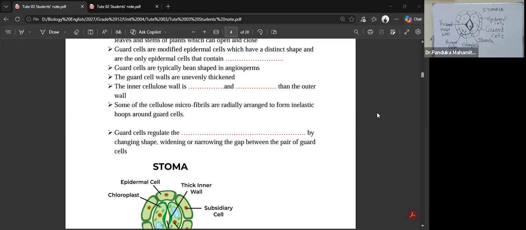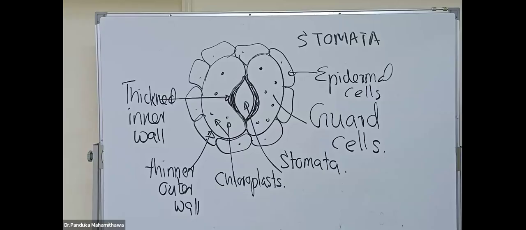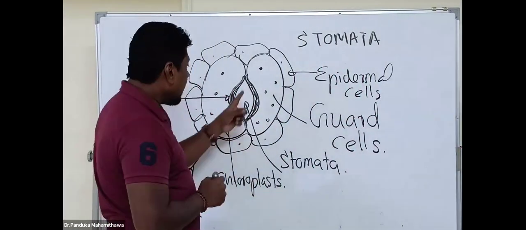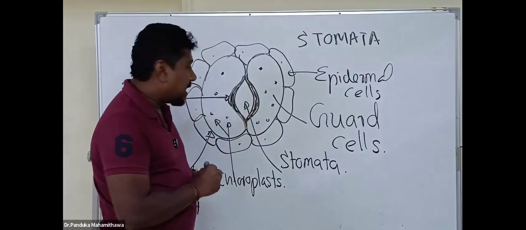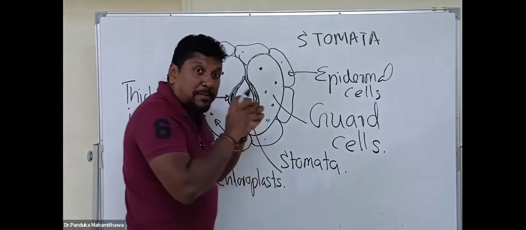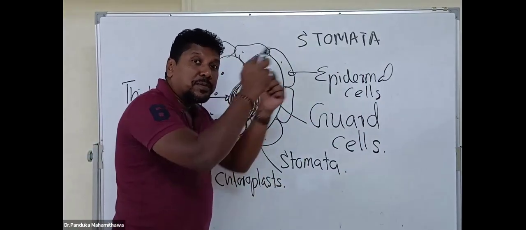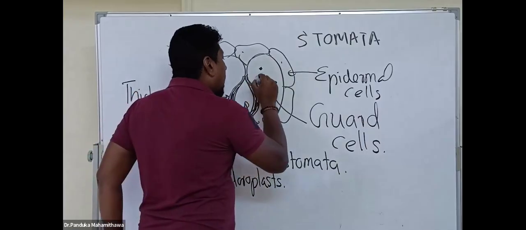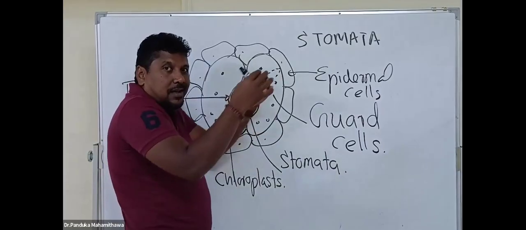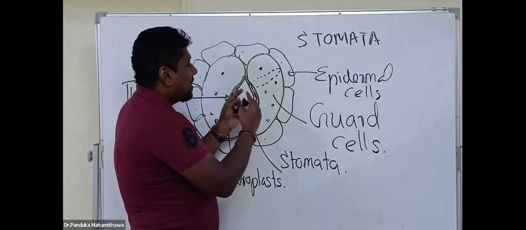So I'll explain that part. Now you have cellulose microfibrils, like this. These are the thicker inner wall. From that inner wall, the microfibrils are like ropes which cover around.